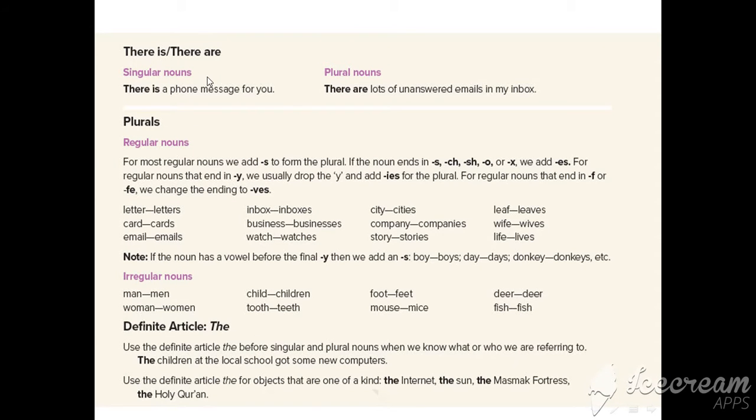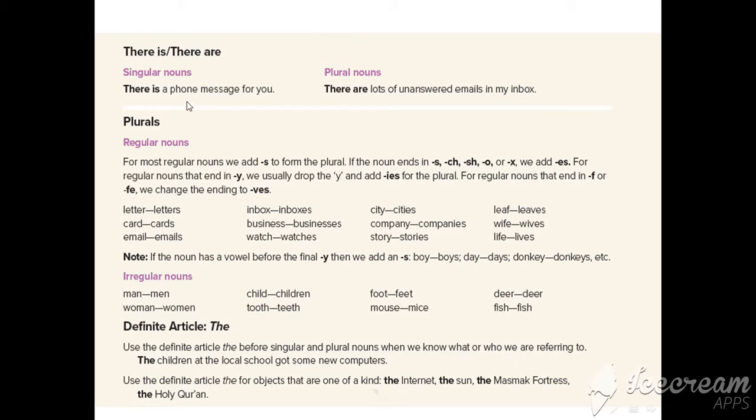Okay. There is and there are. What is the difference between them? Singular nouns, plural nouns. We are asking about singular nouns or talking about singular nouns with there is. There is a phone. There is a phone message for you.